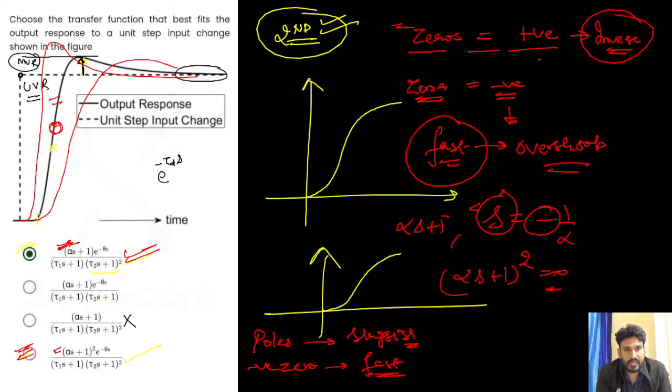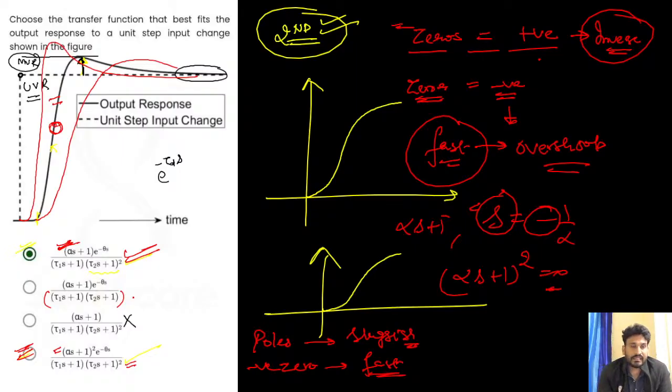So this is my non-interacting system, right? ठीक है. And this must be the interacting system. Okay, right? And we know that non-interacting systems are faster as compared to the interacting system.